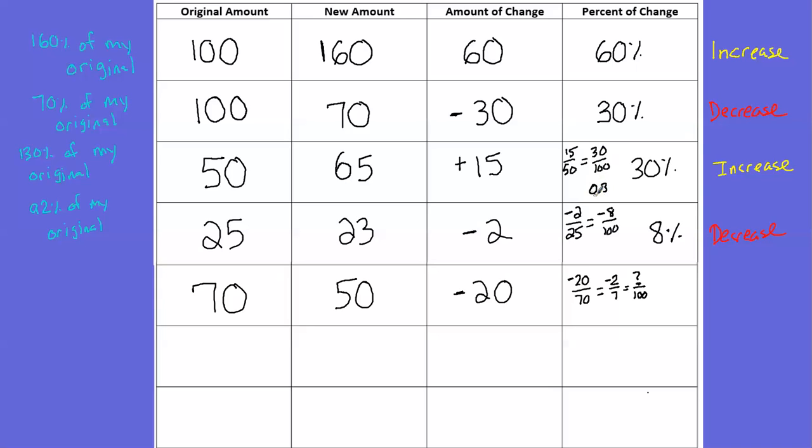As a percent, 3/10 is 30 hundredths or 30%. On this one, if I take -2 divided by 25, that is the same thing as taking -8 divided by 100, which would be 0.08.